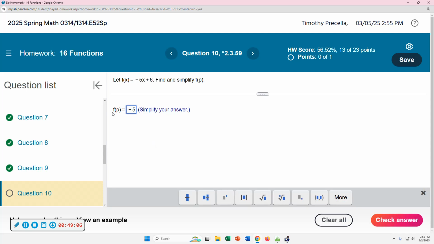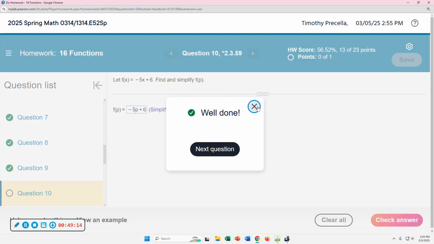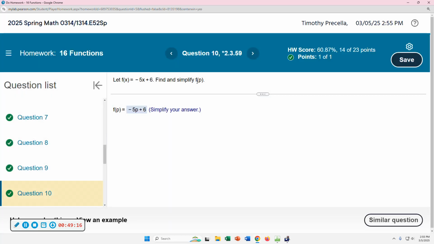Negative 5, but in place of the x, you have a p plus 6. That's right. Any questions there? This is saying go to the function f, replace any x you see with the letter p. So it's really just a change of variable. You change from an x to a p. Any questions there?